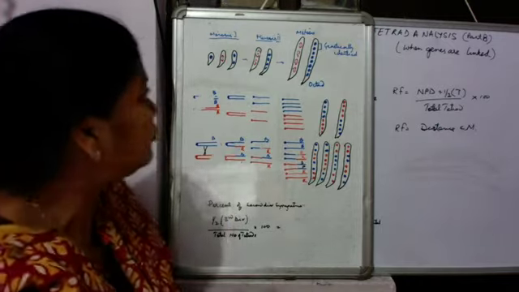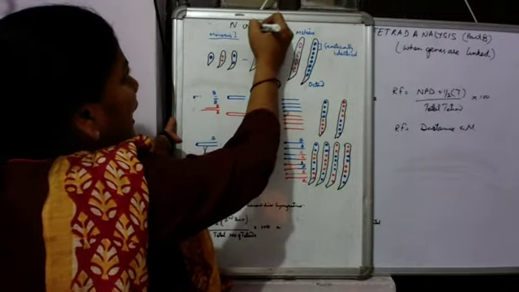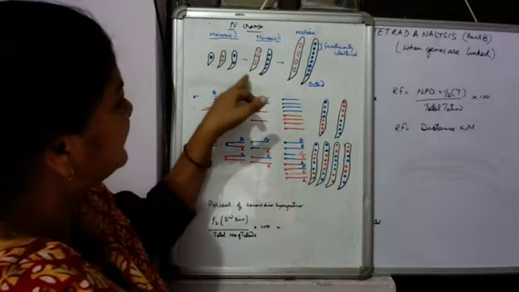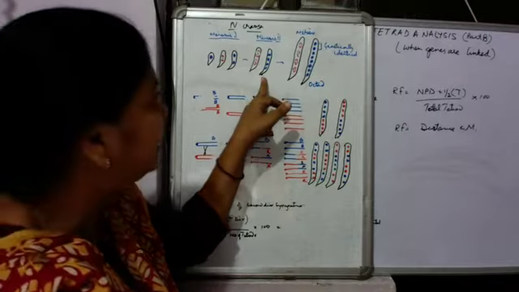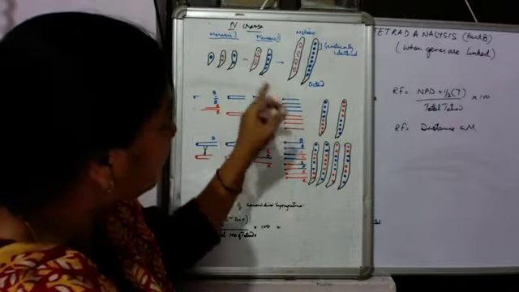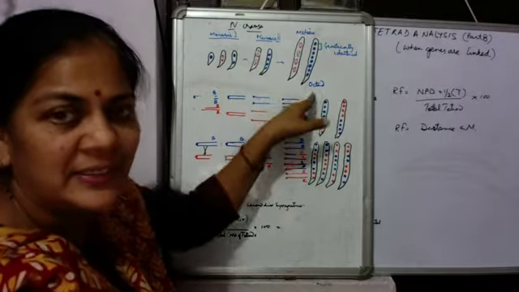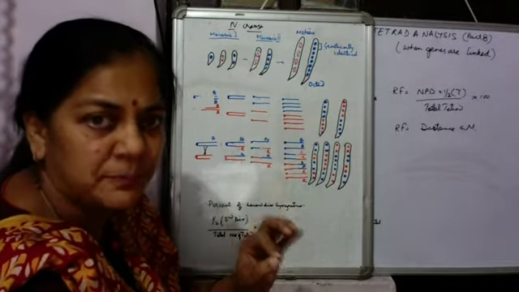As you see over here, after meiosis 2 there are 4 spores present, and these 4 spores undergo mitosis to give rise to an octad. So Neurospora crassa ultimately gives rise to haploid spores.